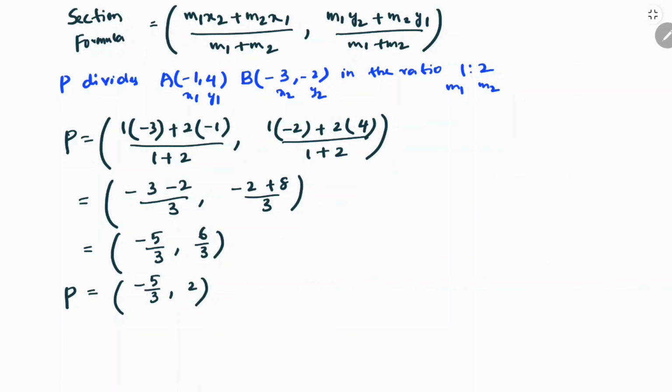If you observe, in the previous method also we got the same answer, (-5 by 3, 2).